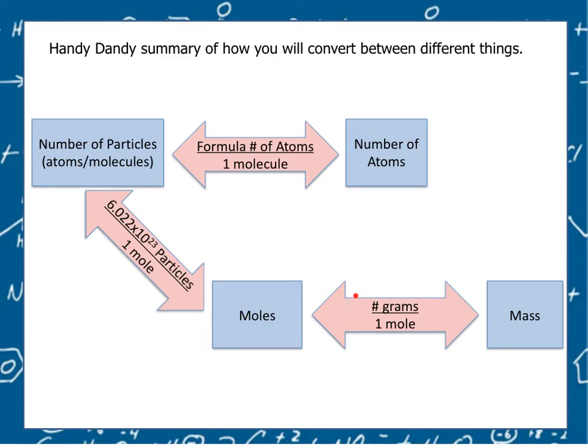If I didn't supply a specific number here, you have to go get that number. In this case, this number would come from the periodic table. That's the atomic mass that we were looking at. In this case, it's coming from the formula. The formula might tell us how many atoms are in a molecule.